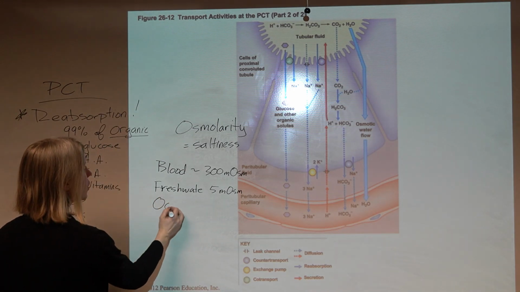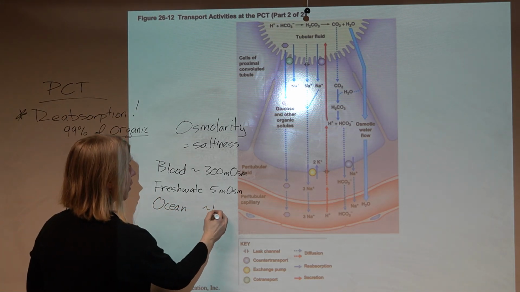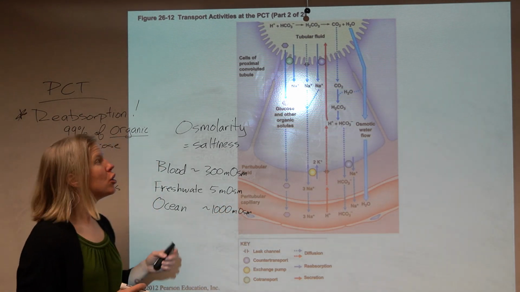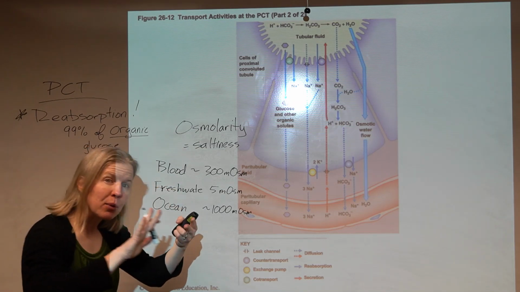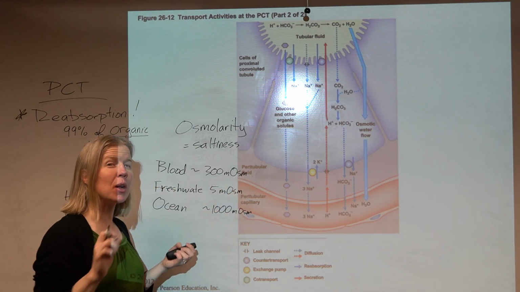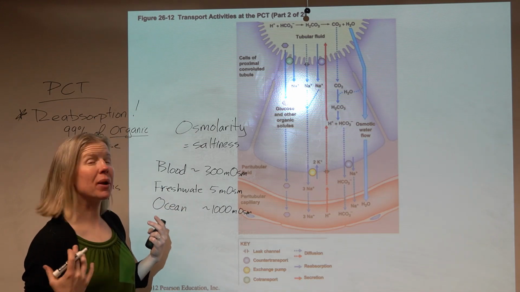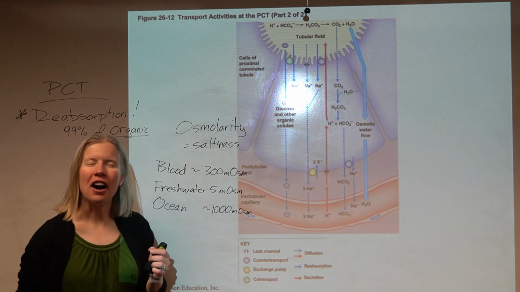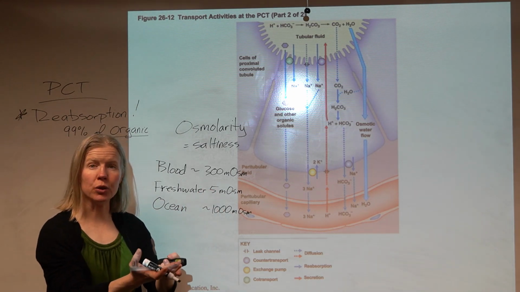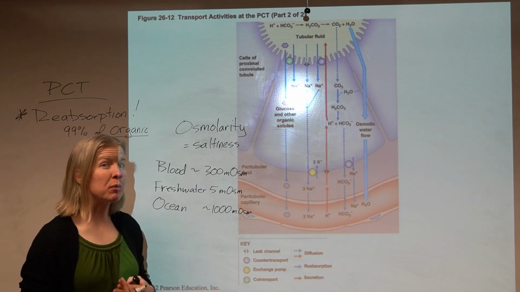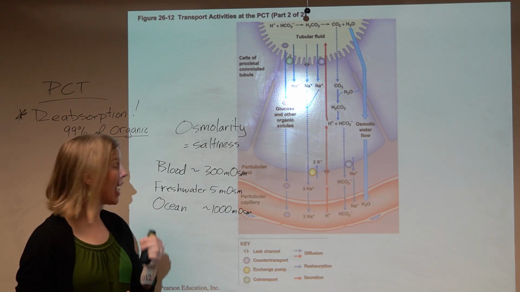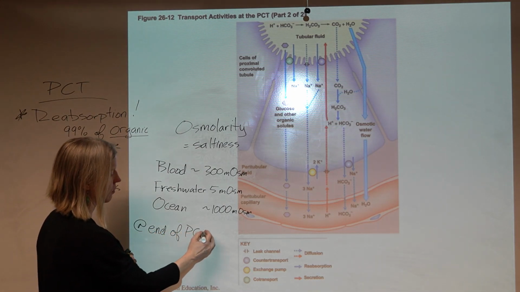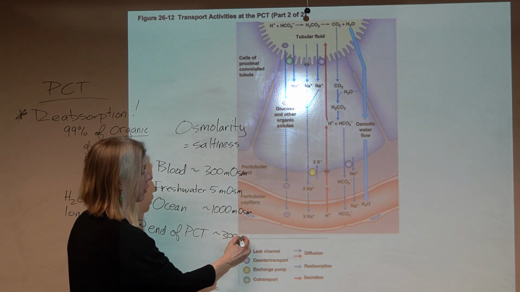If we look at ocean water, it's about 1,000 milliosmol. So when we took the blood and we filtered it, we squished out a bunch of water and some other salts and stuff, we made a really dilute filtrate, maybe more like fresh water. By the time we're done reabsorbing things here in the PCT, at the end of the PCT, we're right back to about 300 milliosmol.